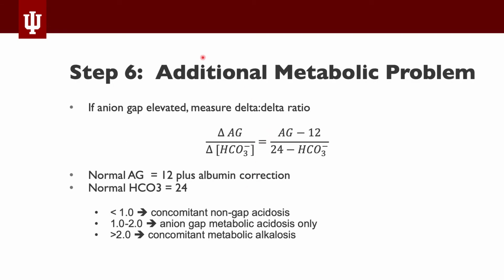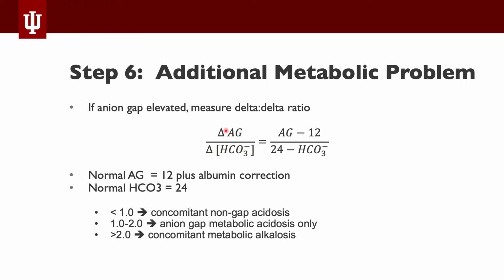Finally, step 6. You only have to do step 6 if there is an elevated anion gap. And what we do this for is to figure out if there is another non-anion gap acidosis going on or a metabolic alkalosis going on. So we take the change in the anion gap, so how much the anion gap differs from normal, I use 12 as my normal, divided by the change in bicarbonate.